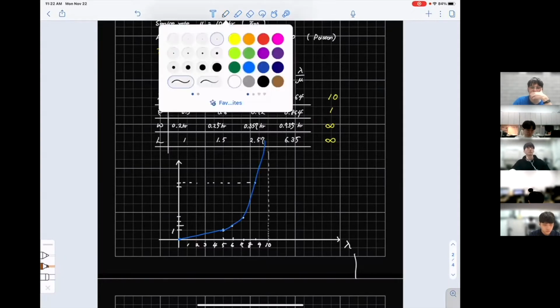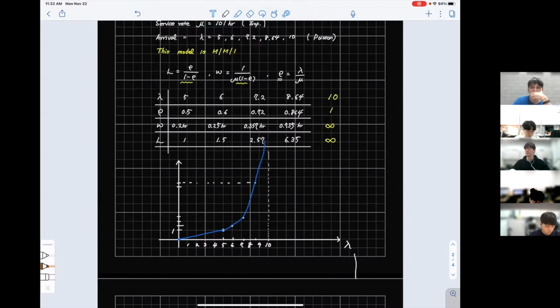Also, you can plot W. If this line is L, we can draw the other line W. If we plot the location of each point with respect to the cycle time W, we find that the line is also stretched to infinity at lambda equal to 10.